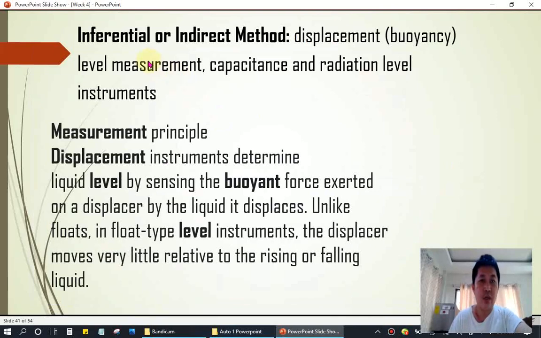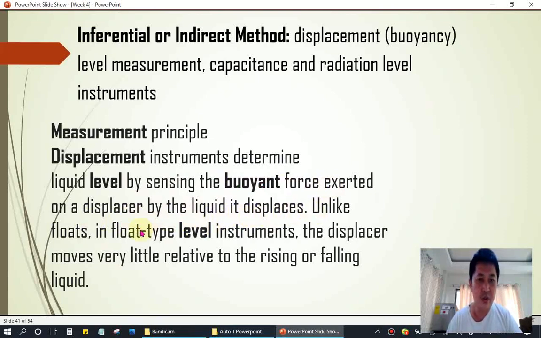Next, inferential or indirect method. So displacement, buoyancy, level measurement, capacitance, and radiation level instrument. So, measurement principle: displacement instruments determine oil level by sensing buoyant force exerted on a displacer by the liquid it displaces.